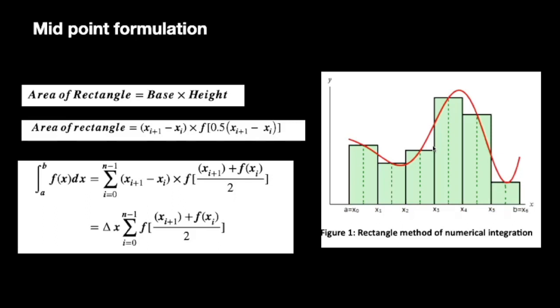Now for the small programs we are going to practice, largely it will not matter, but please keep this in mind. Also the trapezoidal rule, which is there in your sheets, is a similar rule, which will give you slightly better accuracy than this midpoint formulation. So you can check that on your own.